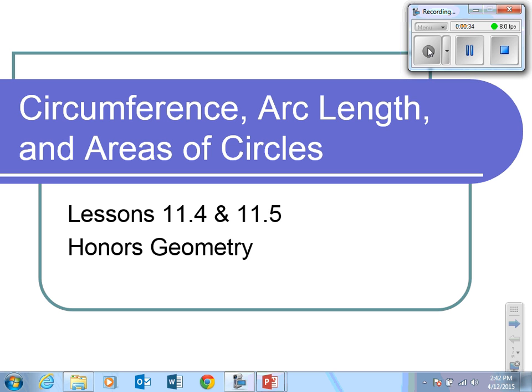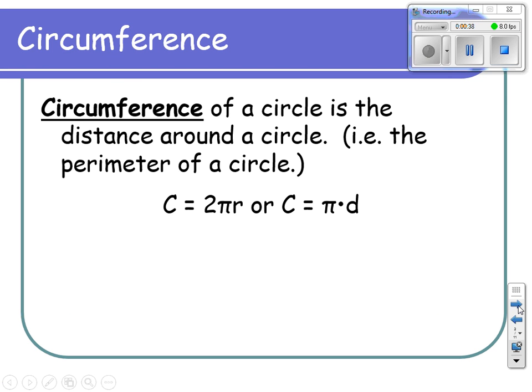areas of sectors. So just to review here, first of all, remember the circumference of a circle is basically the same thing as the perimeter of a circle. It's just a fancy word for perimeter. So it is the distance around a circle. And most of you probably remember your circumference formula as being the circumference of a circle is equal to 2 times pi times the radius.